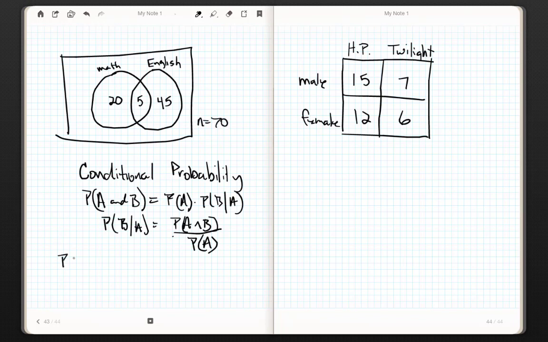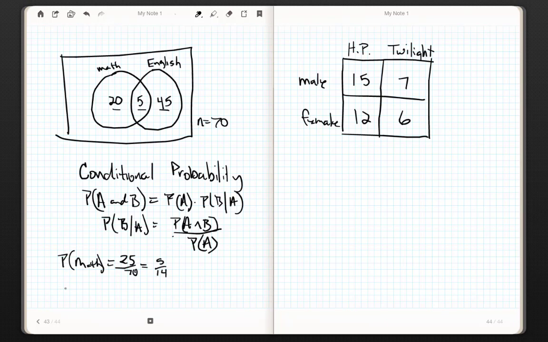So if I'm looking for the overall probability of a math student, I'm simply looking at the number of math students, which appears to be 20 plus 5, because hopefully you've seen a Venn diagram before, but this 5 represents the students that are taking both math and English. These are the students that are taking math exclusively, and these are the students that are taking English exclusively. So the probability of math, in this case, is the total number of students that are taking math divided by 70, right, which is what, 5/14?